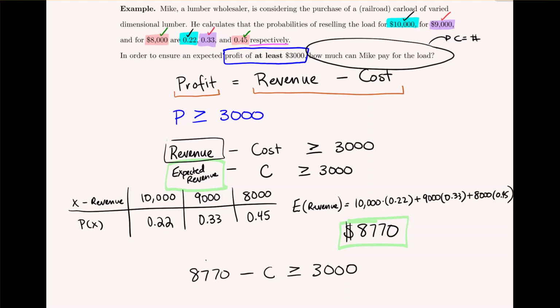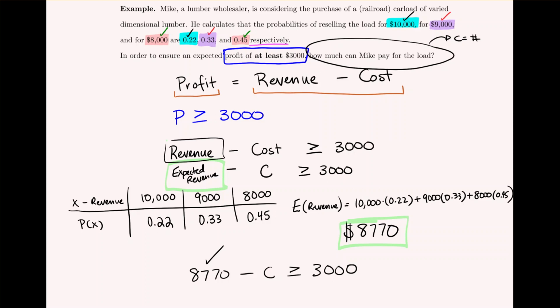So if this is the money we can expect to make, what is our initial cost that we could pay for the lumber in order to ensure that our profit is $3,000 or greater? Now, in solving inequalities, you would solve them in the same way as you would solve an equation, with the only thing that you have to watch out for is if you ever multiply or divide by a negative number, you have to switch the direction of the sign.